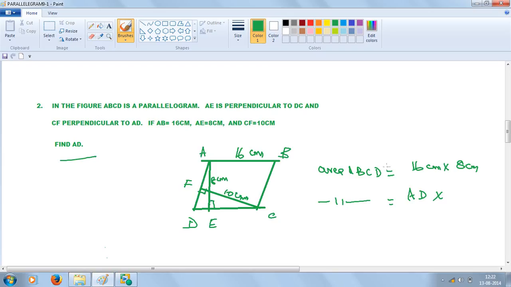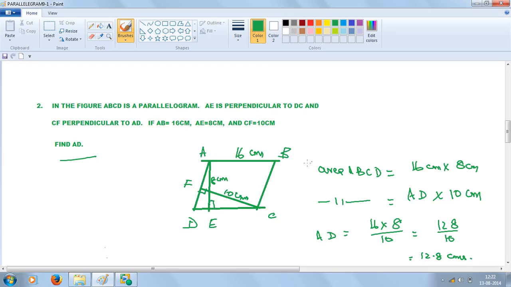CF is 10 centimeters. So these two are equal. AD is equal to 16 multiplied by 8 divided by 10, is equal to 128 by 10, which is equal to 12.8 centimeters.